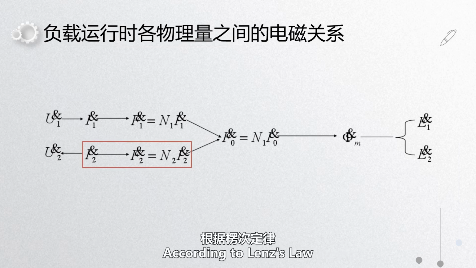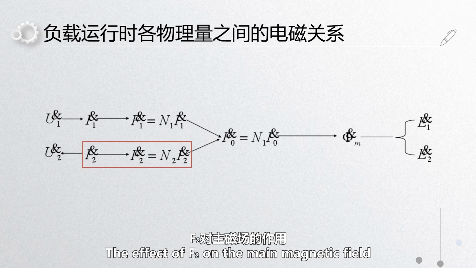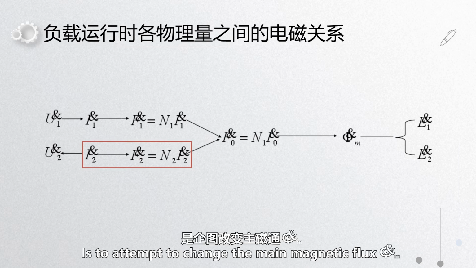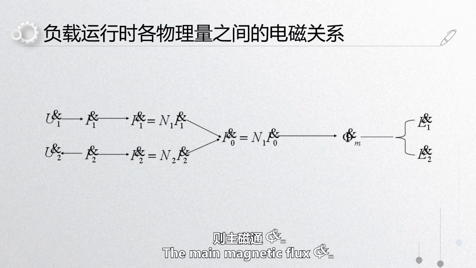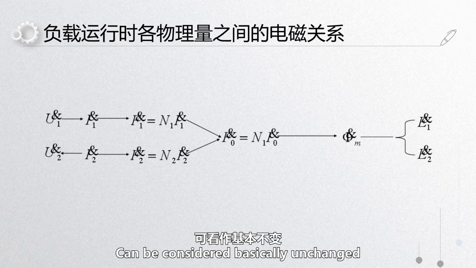According to Lenz's law, the effect of F2 on the main magnetic field is to attempt to change the main magnetic flux phi m. Since the power voltage U1 remains unchanged, the main magnetic flux phi m can be considered basically unchanged.